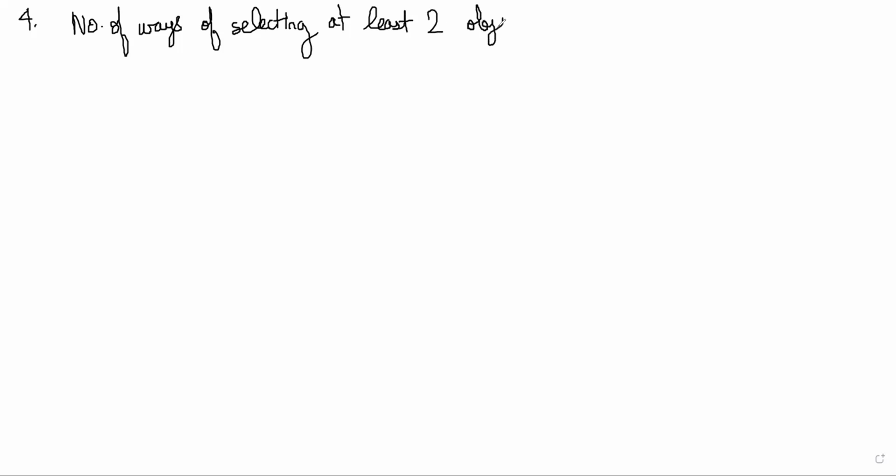Then, again extending the ideas discussed earlier, the number of ways of selecting at least two objects out of n identical objects would be how much? One or more we had done, right?